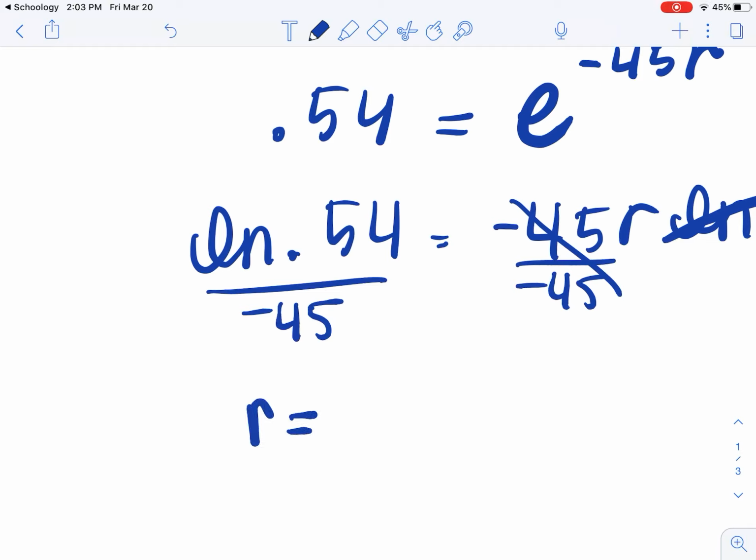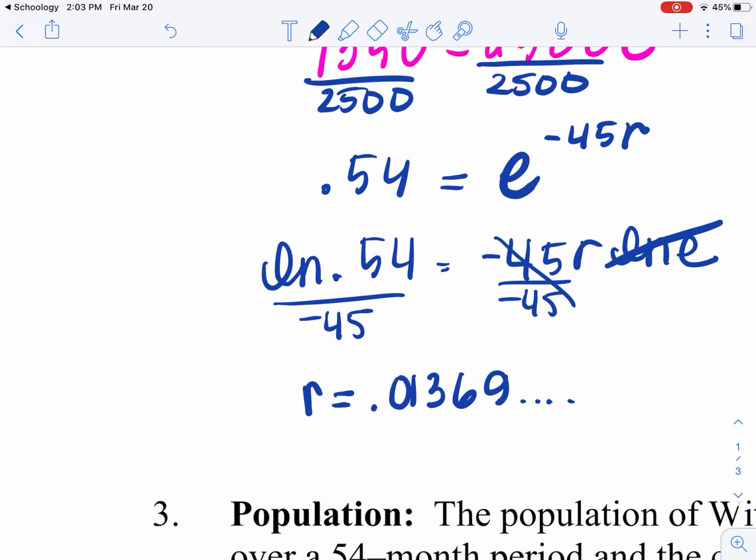All right, so now we have R is equal to, and I could put that in my calculator. Go ahead and put that in your calculator. You should get 0.01369, and so on and so forth. Now I wrote down a bunch of digits just to make sure that yours matches mine, but I want you to realize that this is not our final answer.